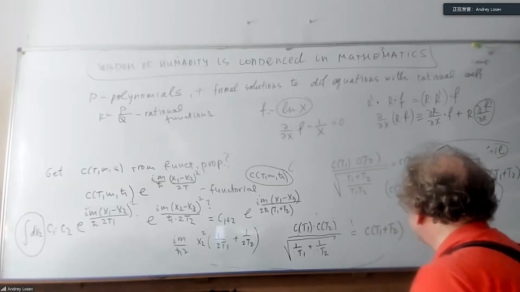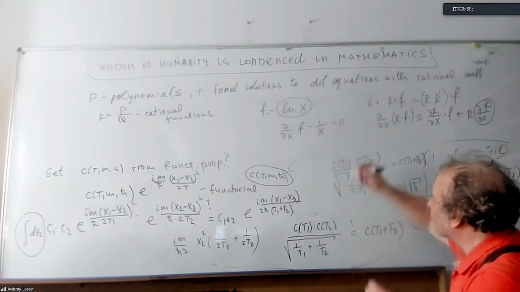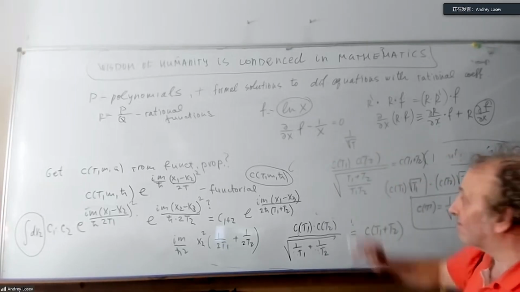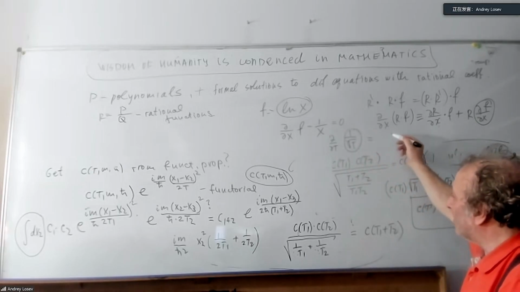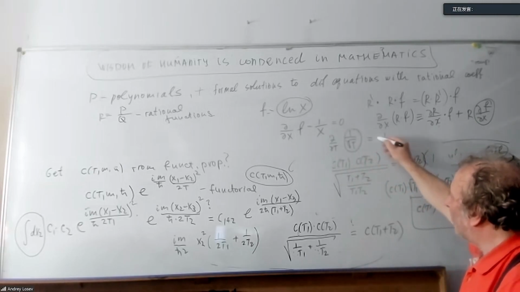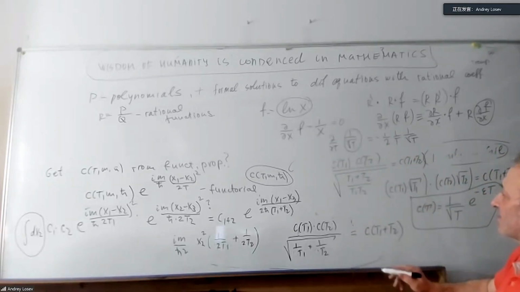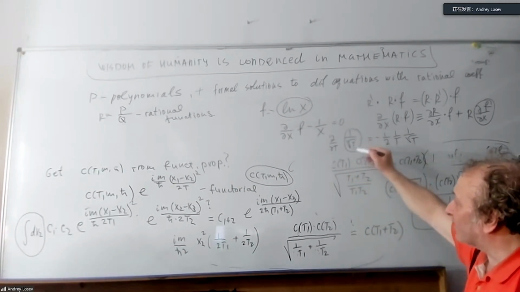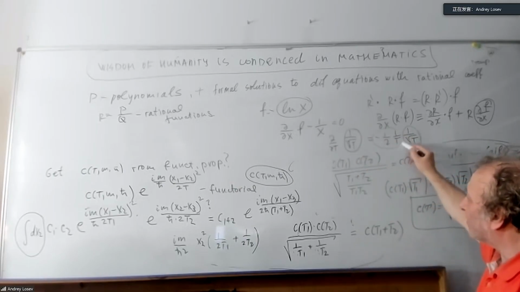In particular, here we would like to get this 1 over square root of t. It is not a rational function. However, d over dt applied here is, of course, minus 1/2 times 1 over t times 1 over square root of t. So the derivative of this could be expressed in terms of itself and a rational function.